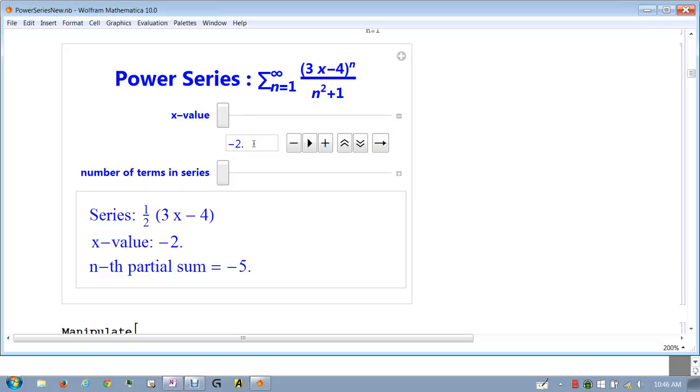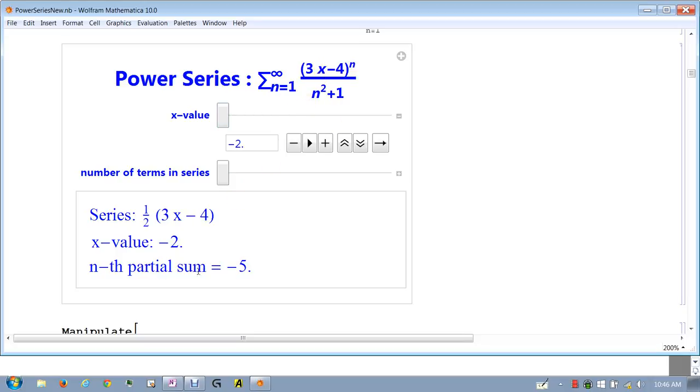All right, so I'm having the computer do this for us. It's going to start adding up things for us, all right? So here's the series. I don't know why I don't have the n squared plus 1 down there. But right now, I'm replacing the x value with 2. So I'm putting a 2 in here. I'm figuring out what happens.